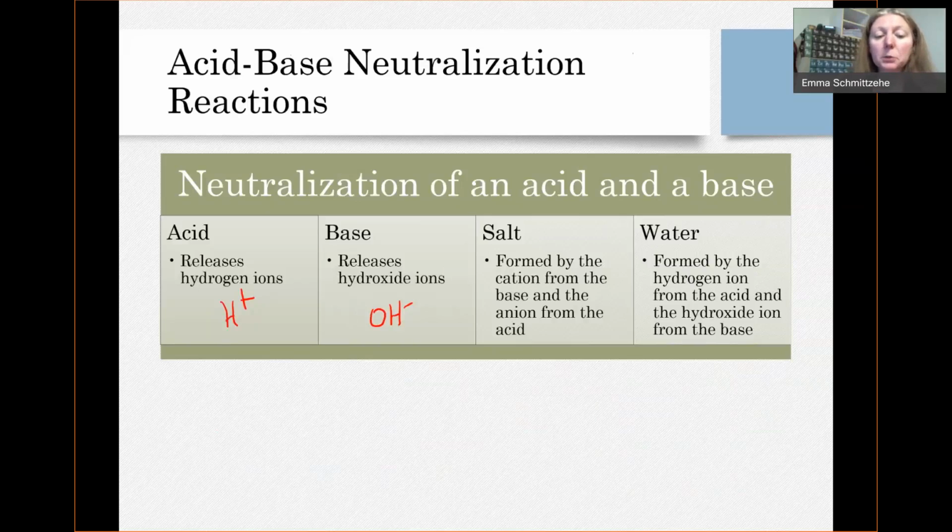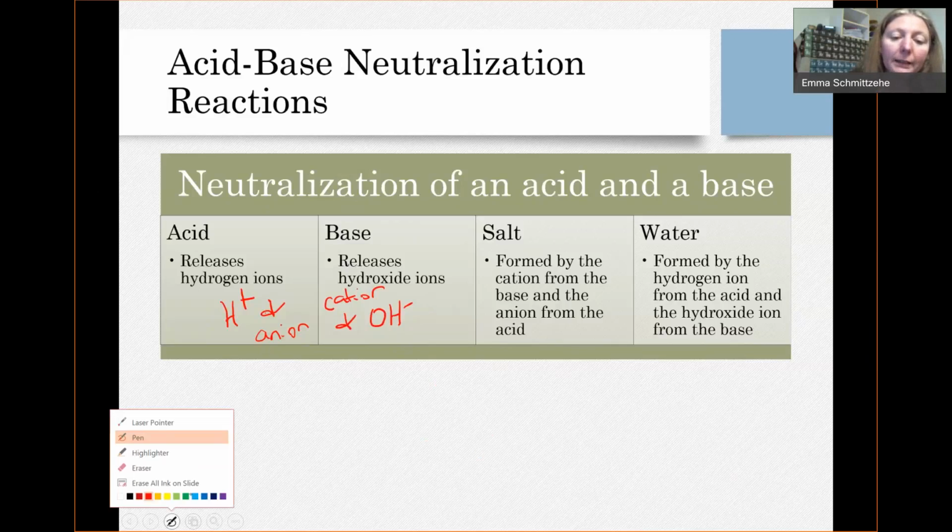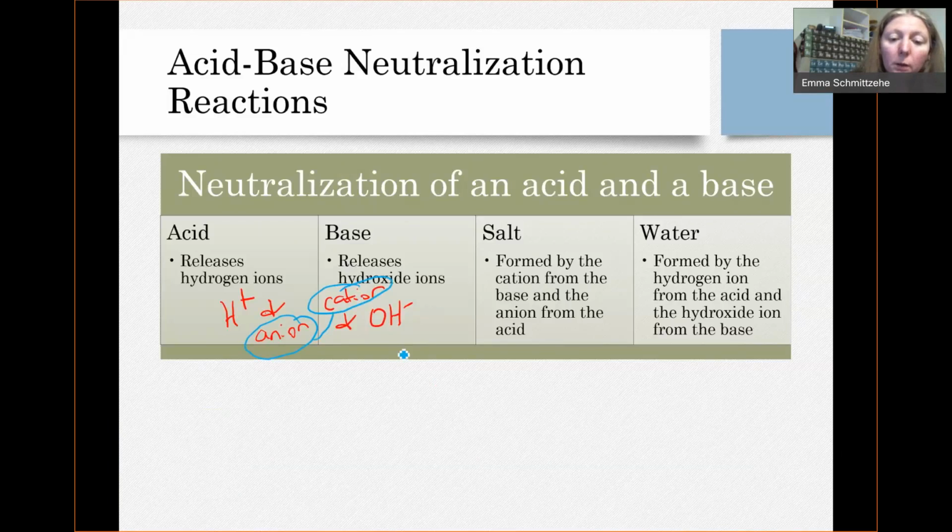So I say an acid releases hydrogen ions, but it's got to have hydrogen ion and it has an anion. Okay, so it's not only made up of hydrogen ion. There's some anion, and that anion's different depending on what acid you're talking about. And then the base, it's not only made up of hydroxide ion, it's some cation with the hydroxide ion. So what happens is that anion and cation come together and they form the salt.